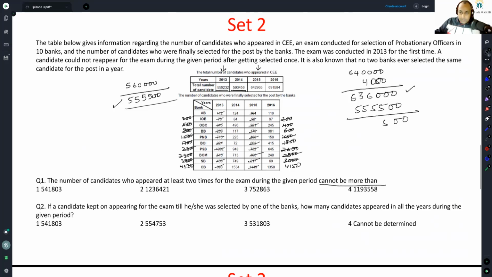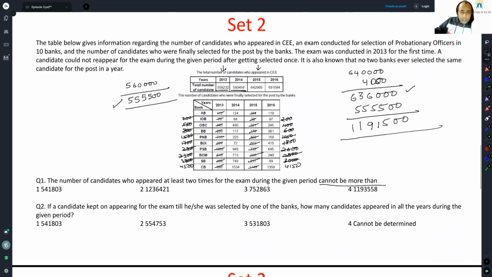0, 0, 5, 1 carried over, 9. Sorry, no carry over now. So what I've now got is, look at it, 119,1500. Now, I've already reached this.